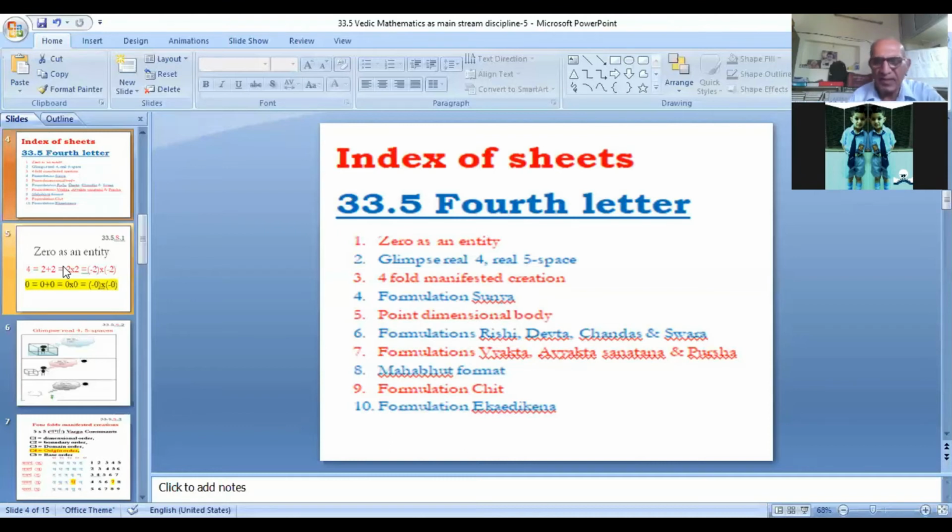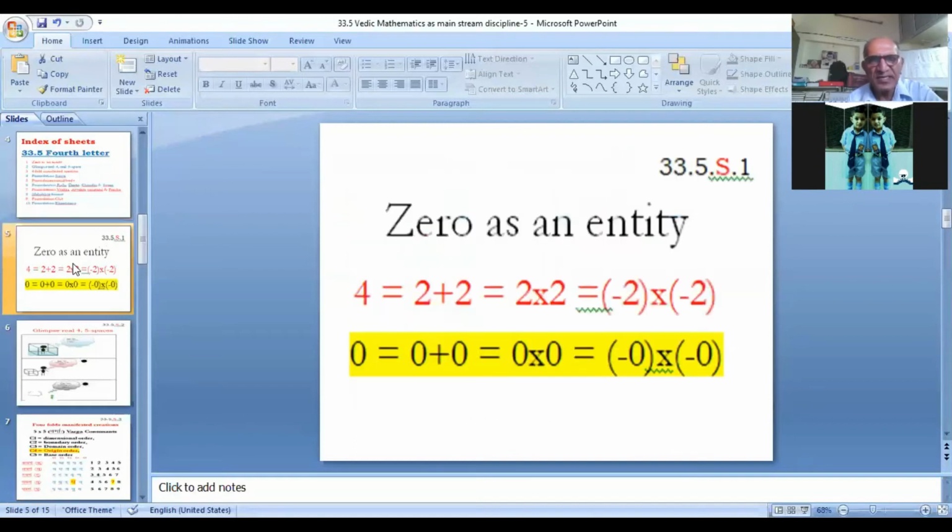Now let us begin with the first feature. The first feature is zero as an entity. One shall sit comfortably and permit the transcending mind to comprehend zero as an entity.